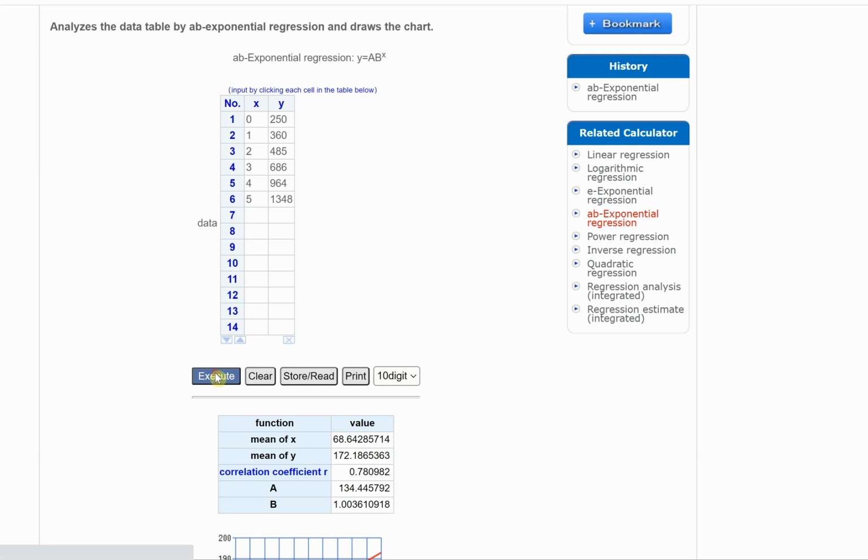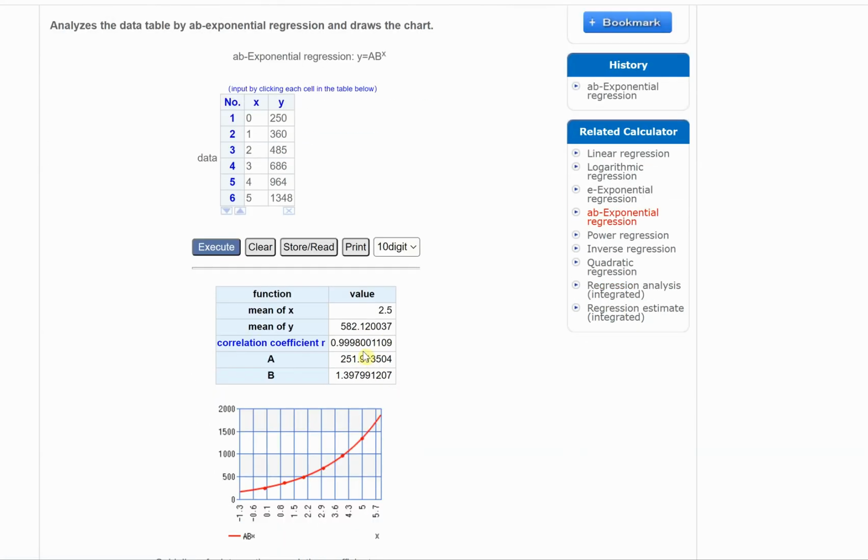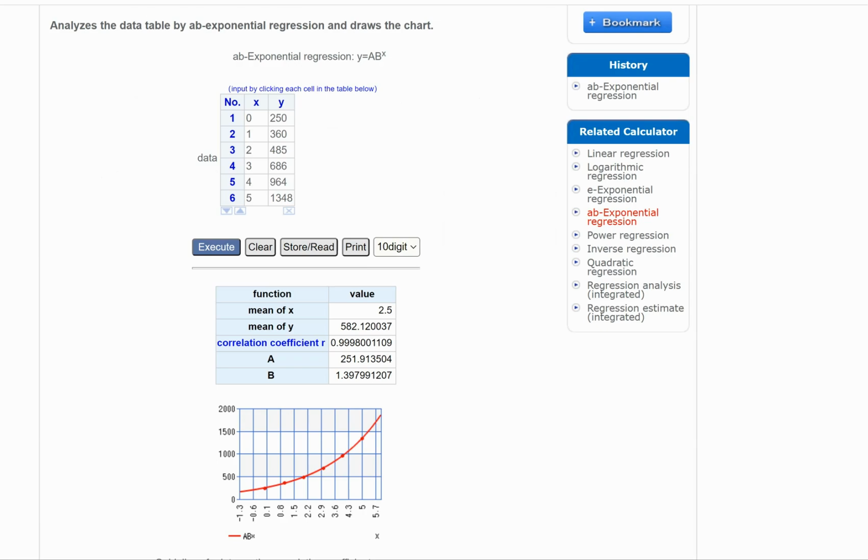And then when I calculate these, here we go. My correlation coefficient now is about 0.998. That's pretty good. My A value is about 251.9, and my B value is about, well, I'll say 1.4. So then what I could do is, back there, what did we say it was? Sorry, 251.9.